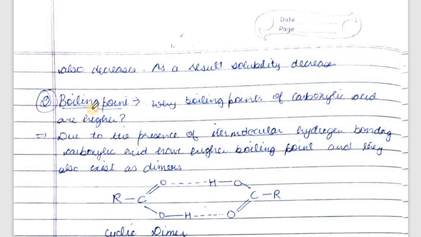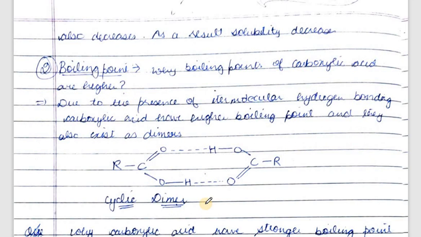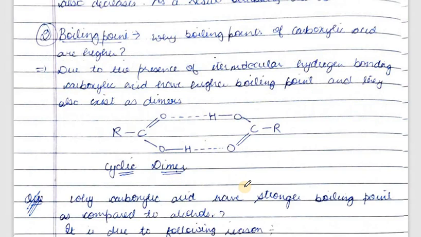In the boiling point, we see the hydrogen bonding between the same molecules, that is between the carboxylic acid molecules. So they have higher boiling points because the hydrogen bonding between the molecules is very strong, and due to this hydrogen bonding, they exist as dimers and they have higher boiling points.